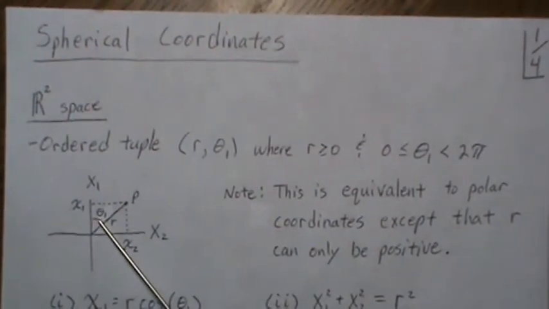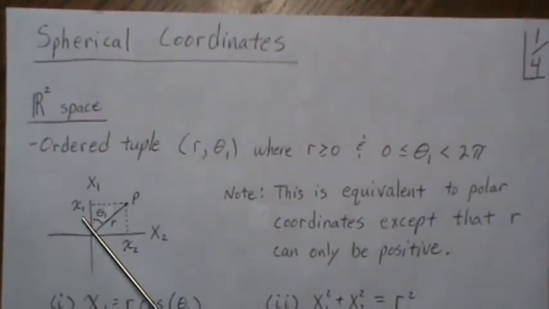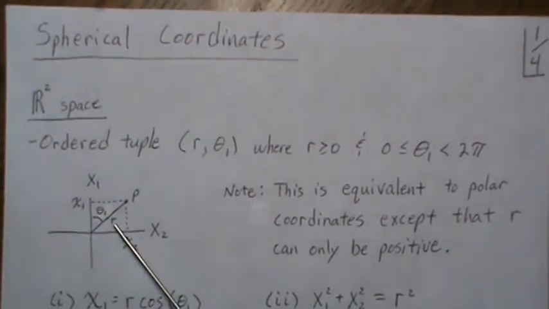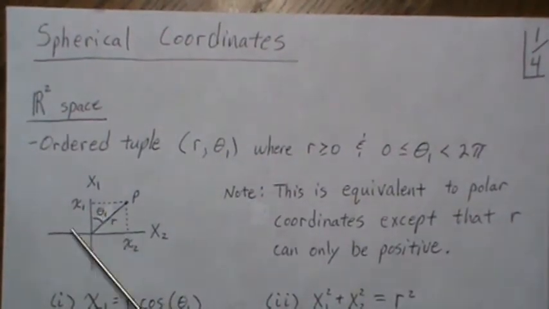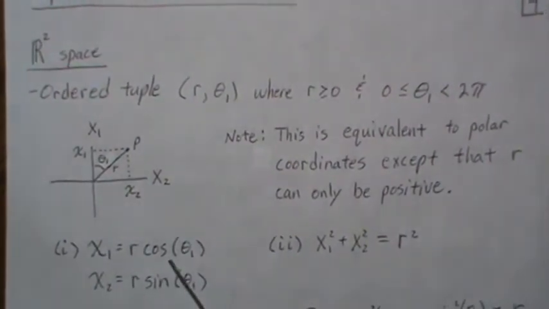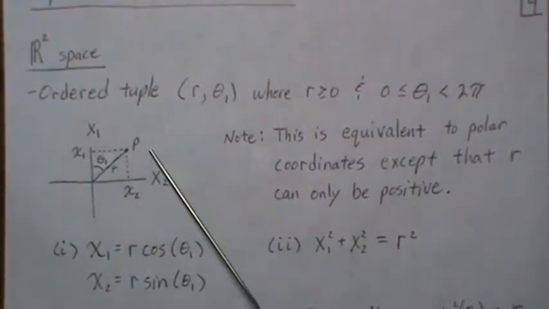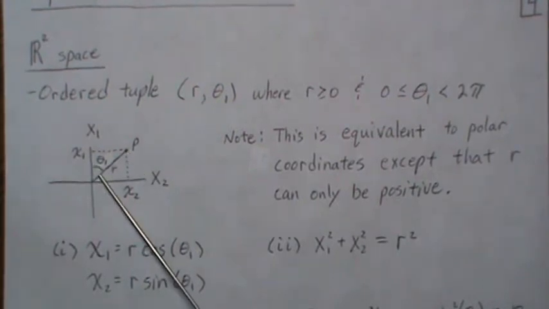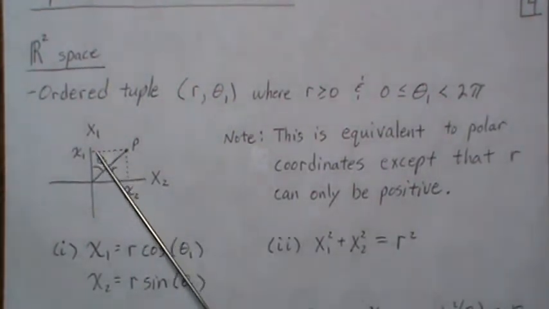The cosine of theta 1 is x1 over r, and then you can back solve for x1 and you get this. Now x2 would be the sine of this angle, which is this distance over the radius. You can back solve and get this.